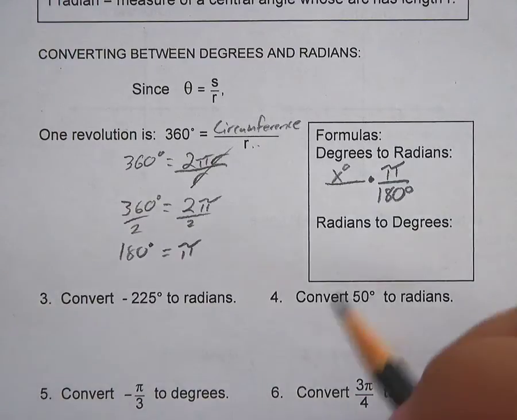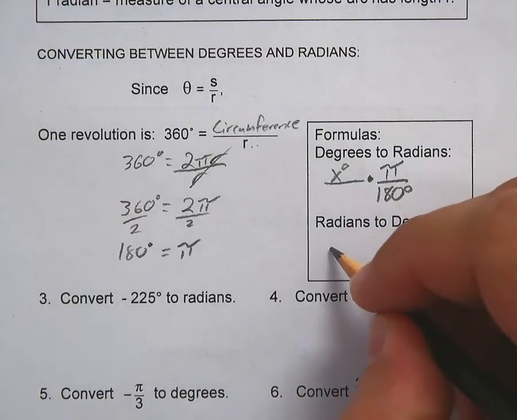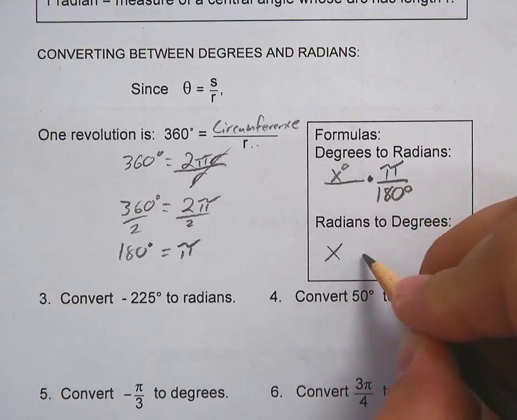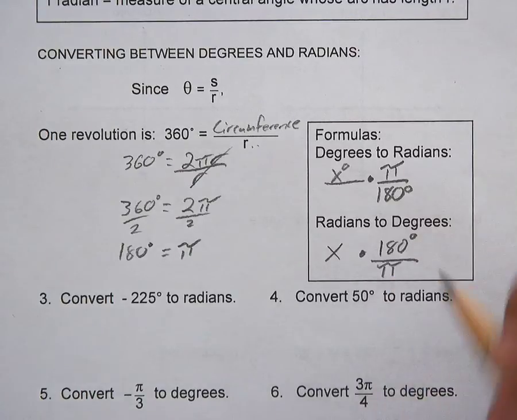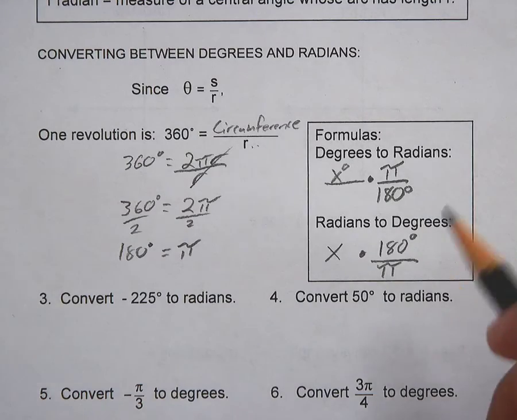To go from radians to degrees, you do the exact opposite. You start with x radians, multiply by 180, and divide by pi. So that's degrees to radians, and radians to degrees.